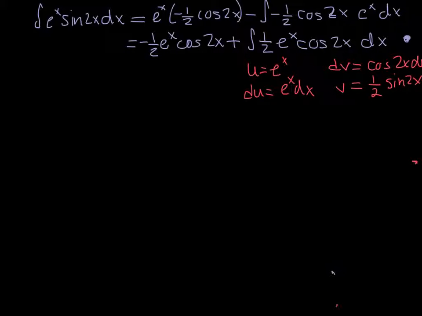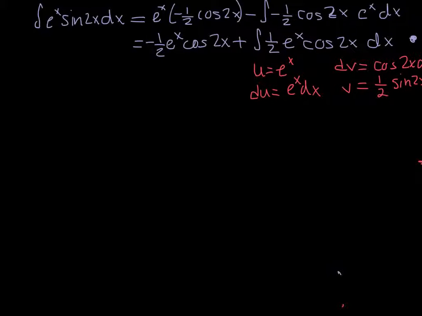Now I'm going to continue writing the integral by saying that this equals negative 1/2 e to the x times cosine of 2x. But I have to write pretty small numbers because it is a long integral.